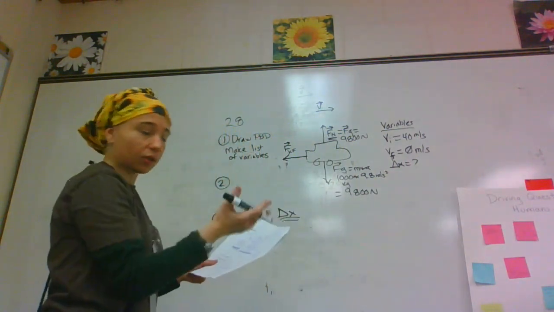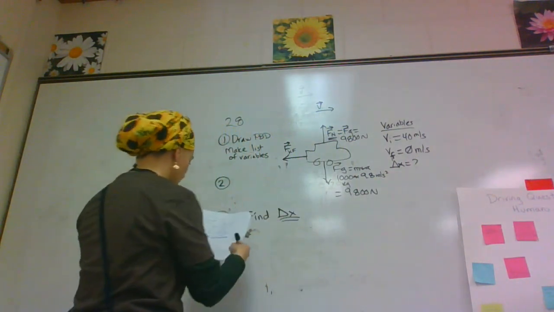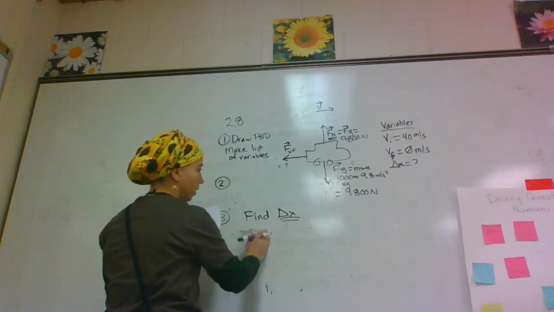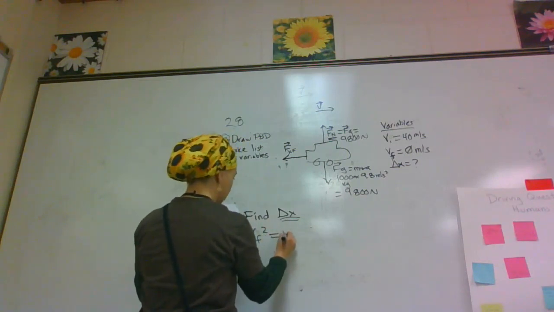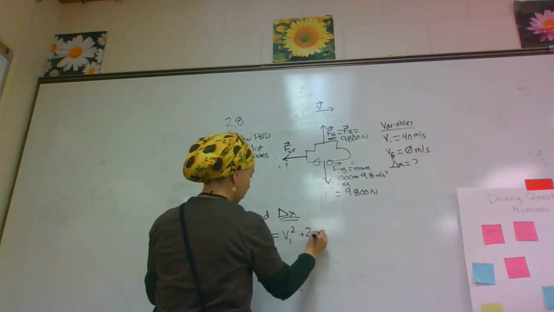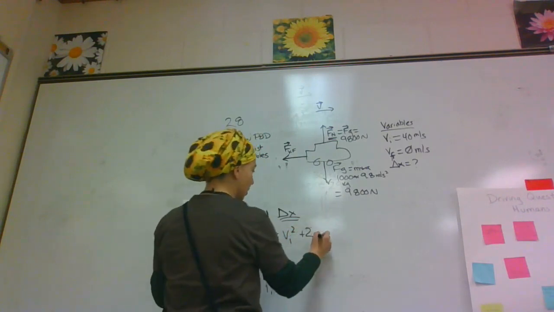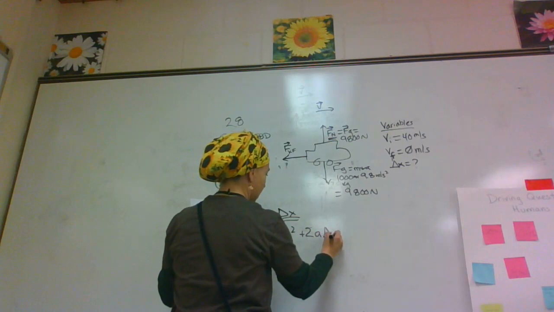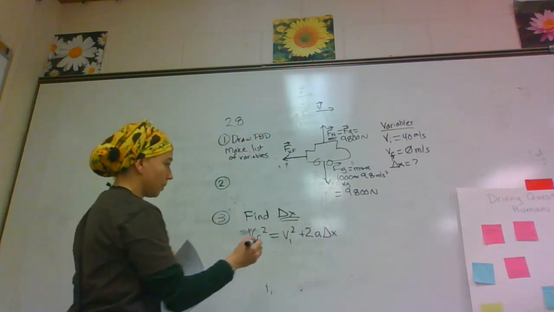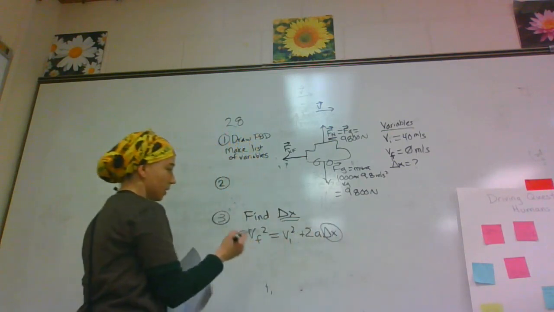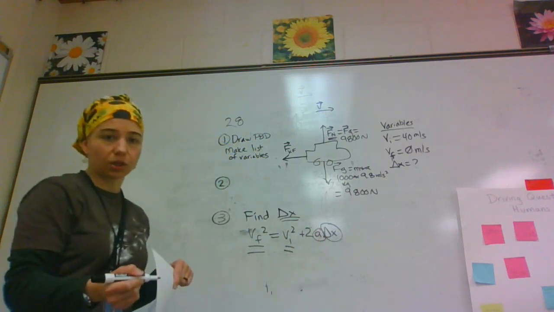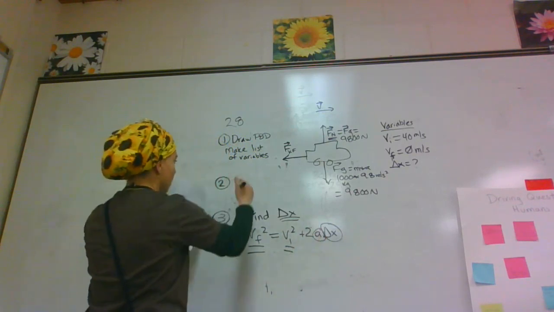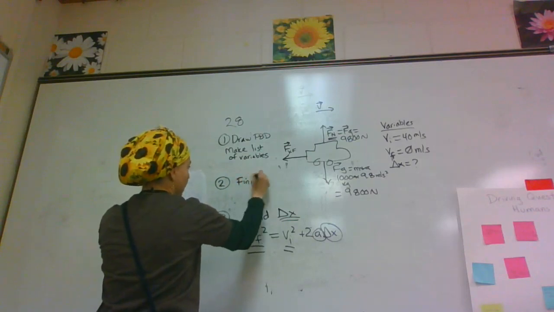So because I have initial and final velocity, when I look at my equation sheet, I see an equation that says final velocity squared equals initial velocity squared plus 2 times the acceleration in the x direction times delta x. So I'm going to be able to find delta x using these numbers if I can find acceleration. So my missing step here is I'm going to need to find acceleration.